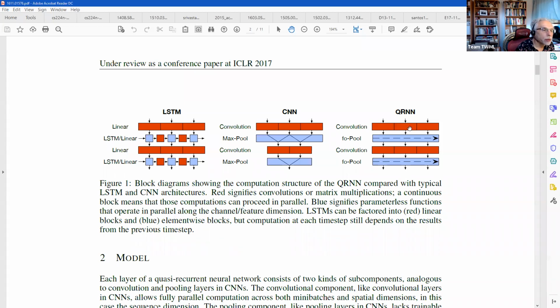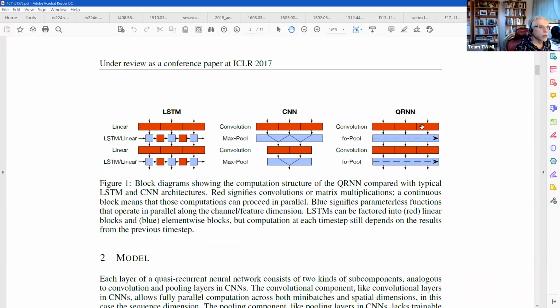So first layer is a convolution. I don't know what fo-pool means. Red signifies matrix multiplications, convolutions or matrix multiplications. The blue is parameterless functions like averaging, like pooling and stuff. There's no parameters involved. Operating LSTMs can be factored into red blocks and blue blocks.